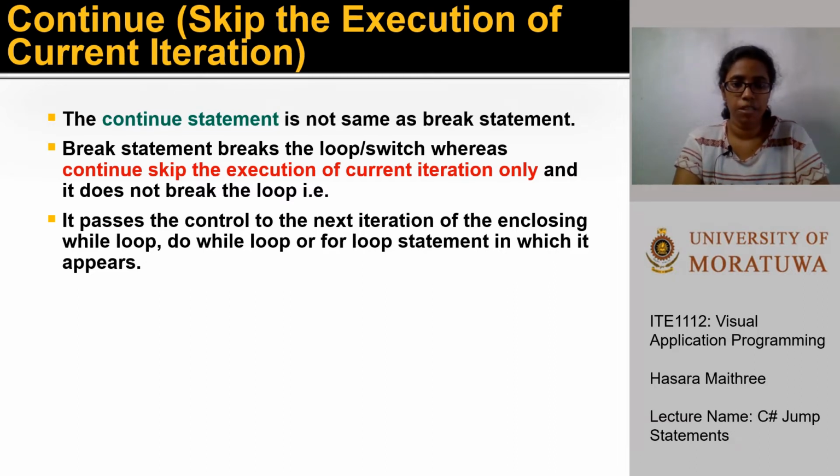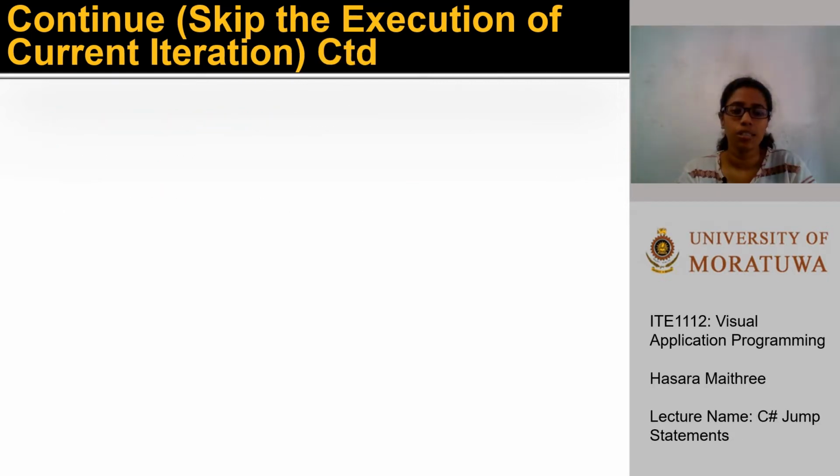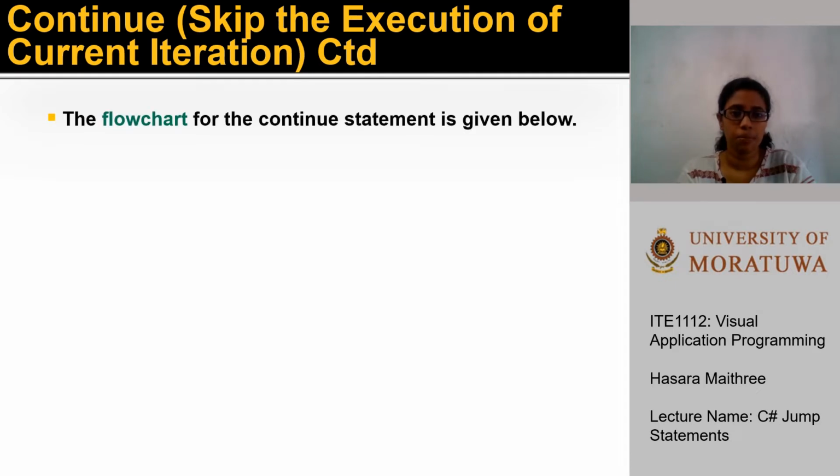Next, it will pass the program control to the next iteration and it will continue. So in the next slides, we will see how these two statements, break and continue, can be used in various scenarios. Now let's look into the control flow of the continue statement.